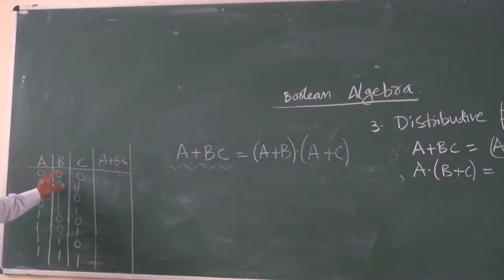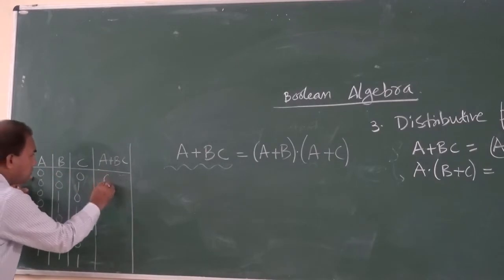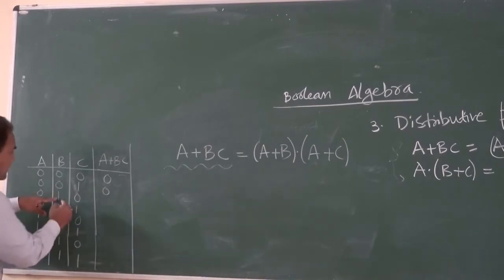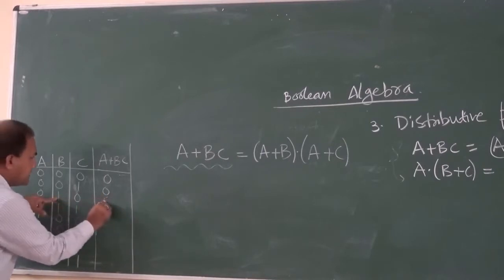A plus BC is equal to 0. A is 0, B dot C is again 0, so it is 0. Similarly, A plus BC, A is 0, B dot C is 0.